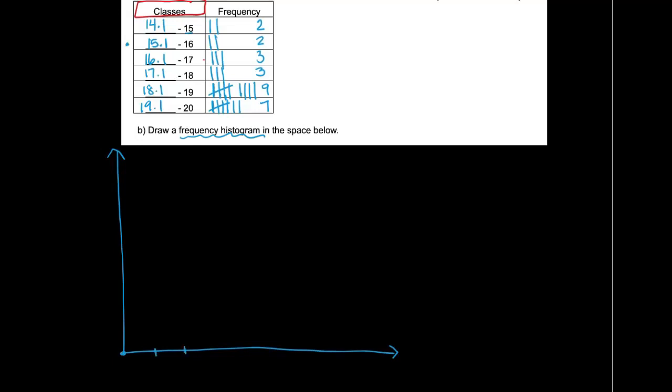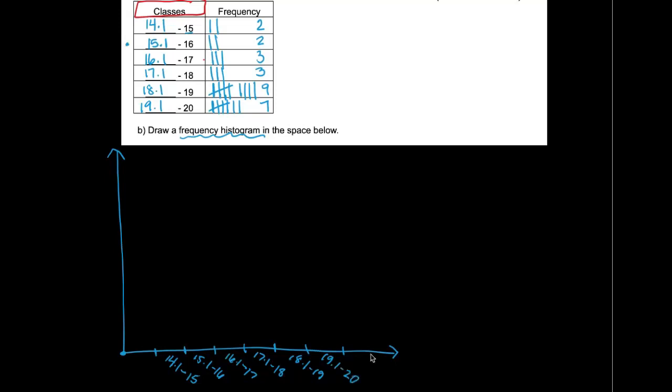I'm just going to make a space to represent each class, and then write in the class. So 14.1 to 15. Then my next class, 15.1 to 16. Then 16.1 to 17. Then 17.1 to 18. And then 19.1 to 20.